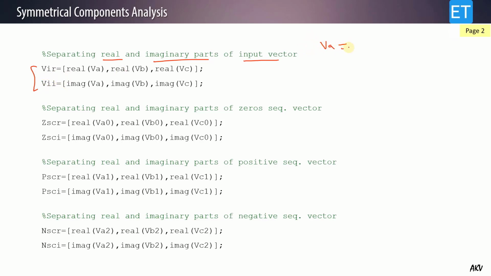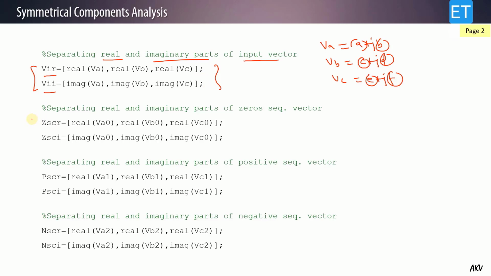Your input values are complex, let's say VA equal to A plus jB, VB equal to C plus jD, and VC equal to E plus jF. In VIR, I'm getting all the real values A, C, and E, and in VII, all the imaginary values B, D, and F. This is done for display and plotting purposes.